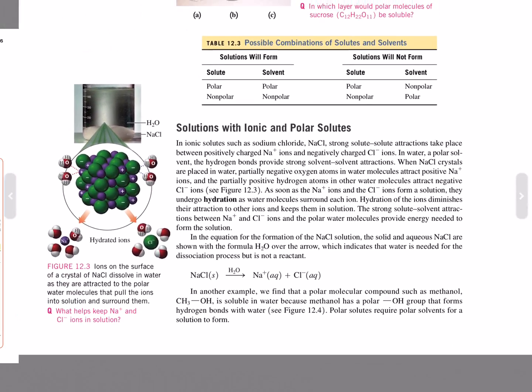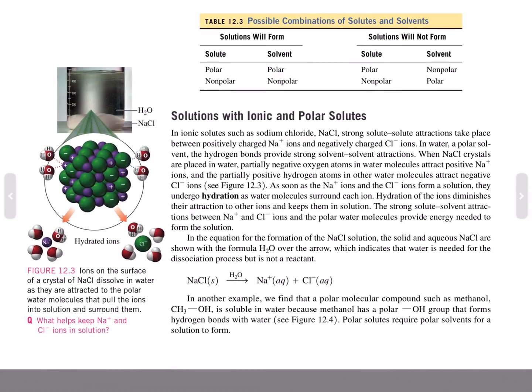Solutions with ionic and polar solutes. In ionic solutes such as sodium chloride, NaCl, strong solute-solute attractions take place between positively charged sodium ions and negatively charged chloride ions. In water, a polar solvent, hydrogen bonds provide strong solvent-solvent attractions.